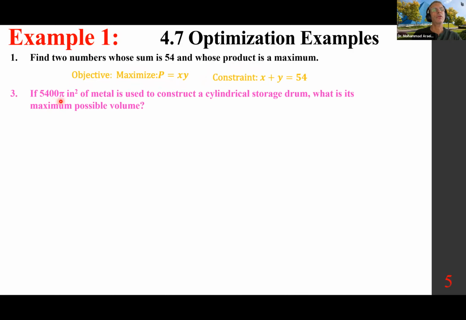If 5400 pi inch squared of metal is used to construct a cylindrical storage drum, what is the maximum possible volume? Well, in this case, you're dealing with a cylindrical shape, radius r. This is the height.